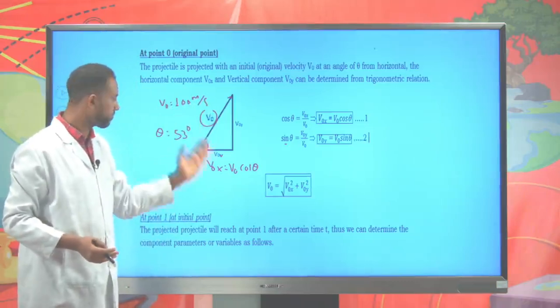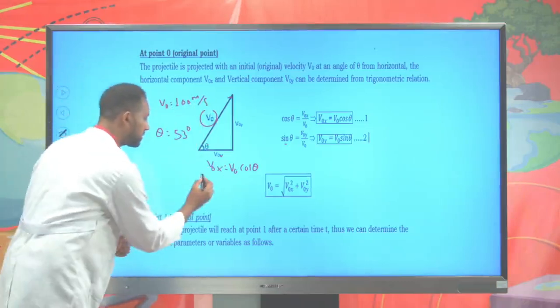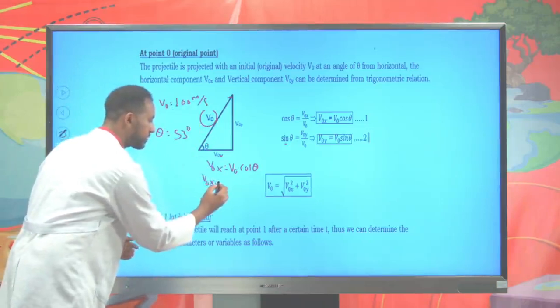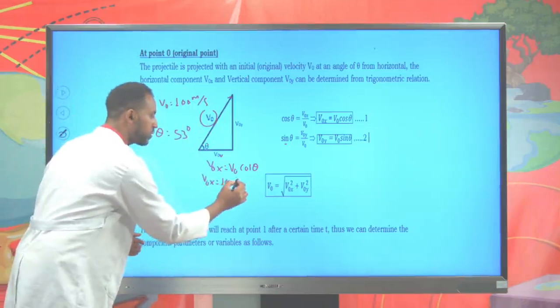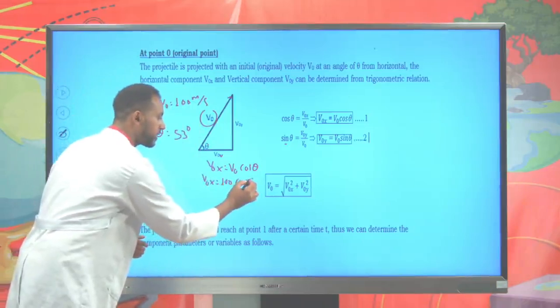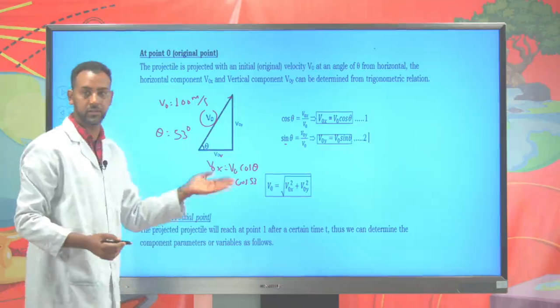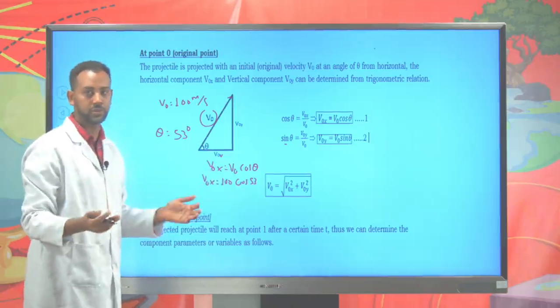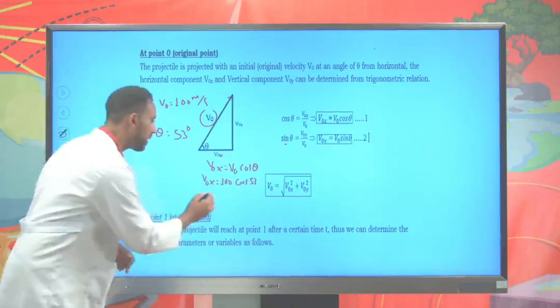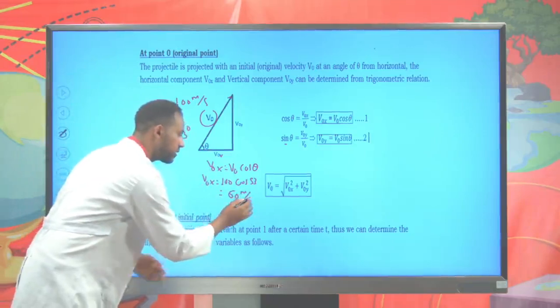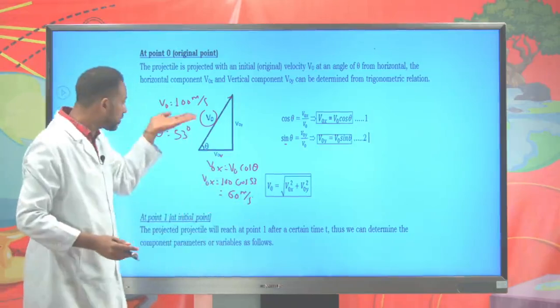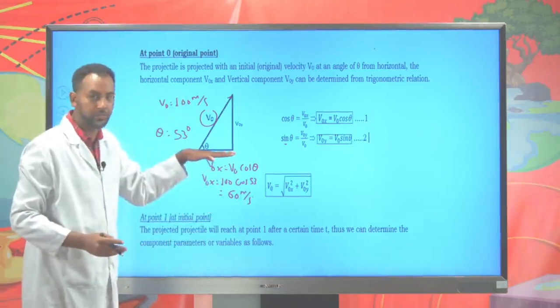Well, to find the horizontal component, the initial velocity along x is 100 meters per second times the cosine of 53. Cosine of 53 is known to be 0.6. So 0.6 times 100 gives us 60 meters per second. So 60 meters per second is the horizontal component of the initial velocity.